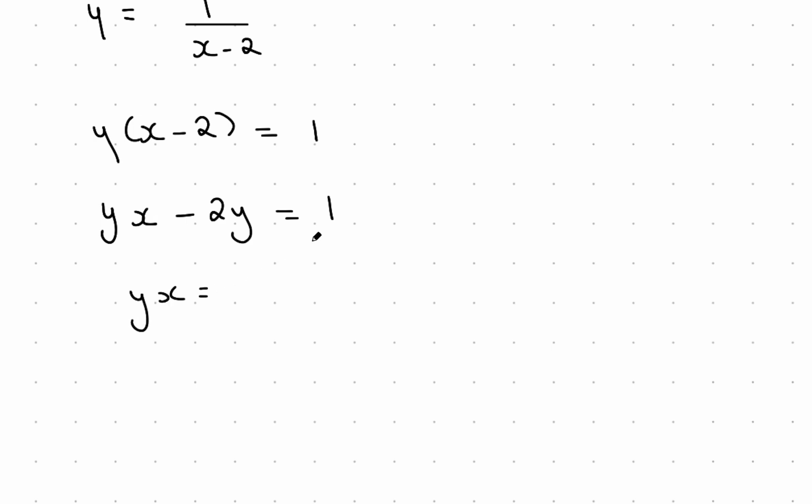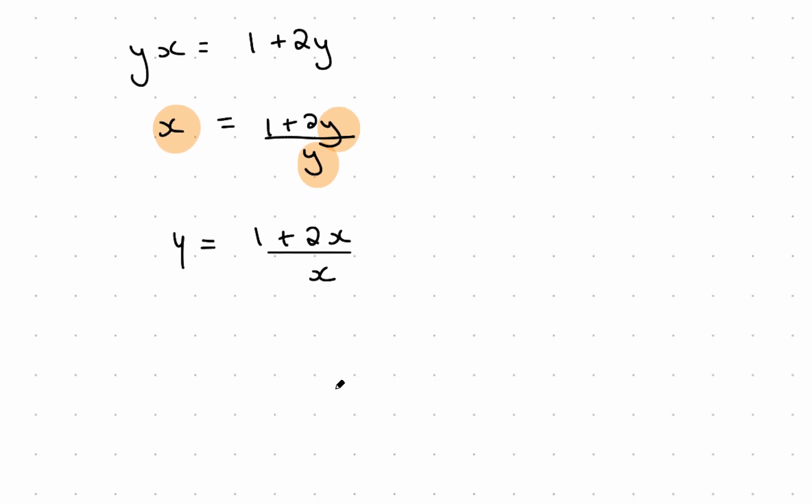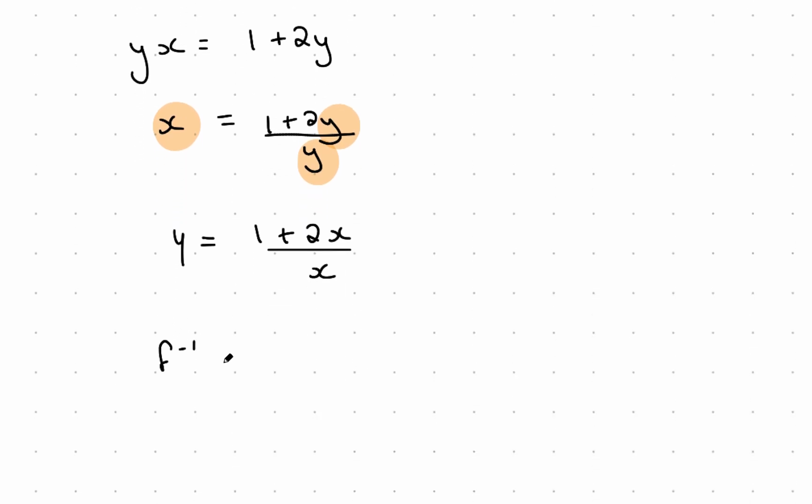So add 2y to both sides, you're going to have 1 plus 2y, and then you want to get x on its own, so you're going to have x is equal to 1 plus 2y all over y, and then you're going to be able to swap the symbols, the y with the x, and then we're going to have y is equal to 1 plus 2x all over x, and then you can replace the y with your inverse function.